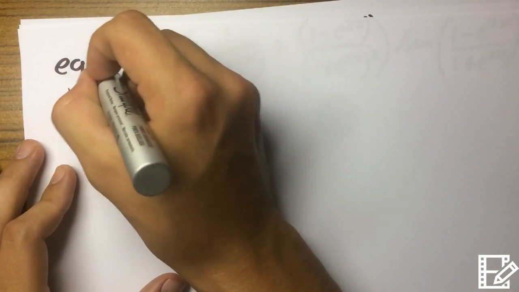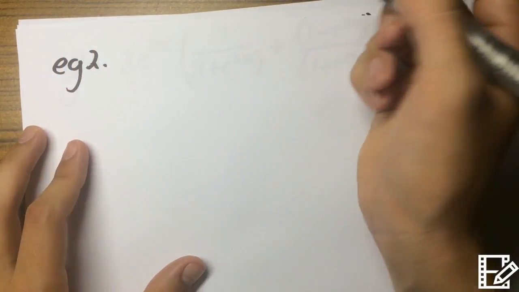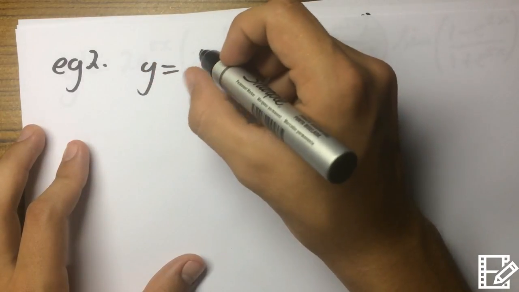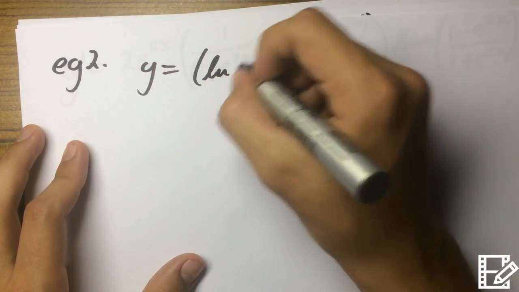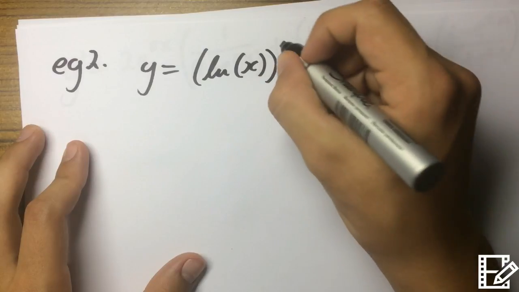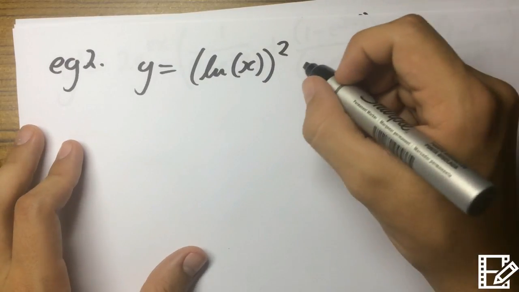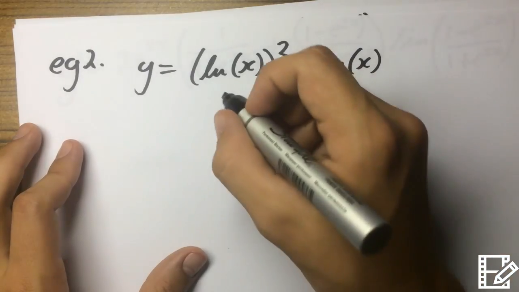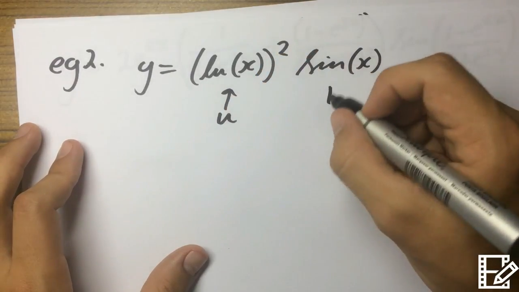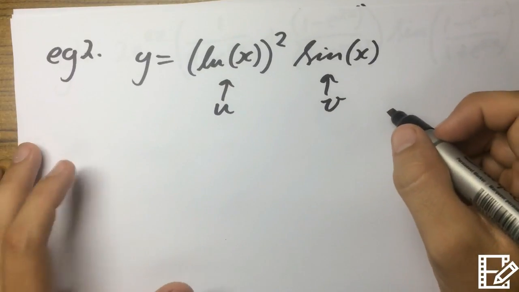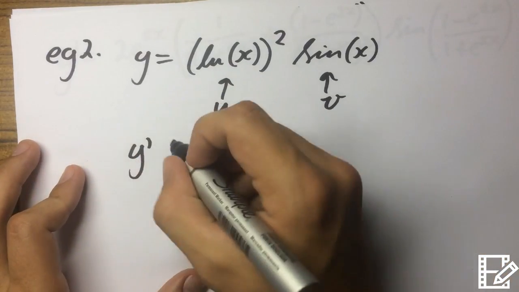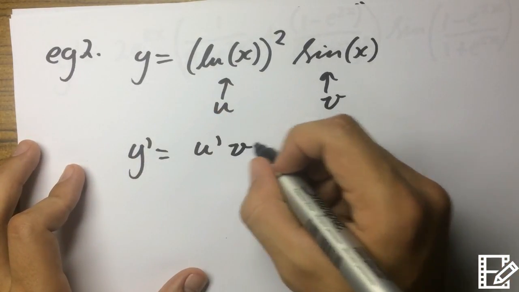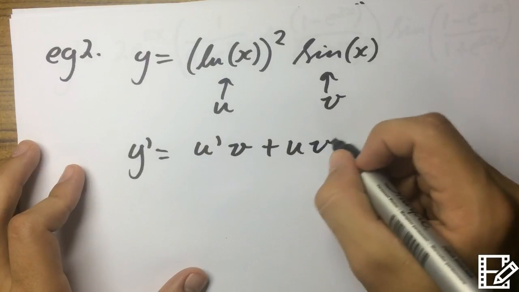So example 2, which is y equals (ln x) squared multiplied by sine x. We're going to use the product rule. This is going to be u, and this is going to be v. So the derivative would be u dash v plus u v dash.